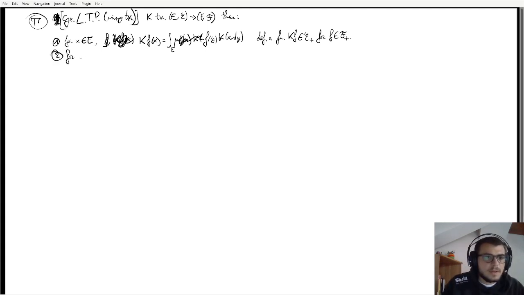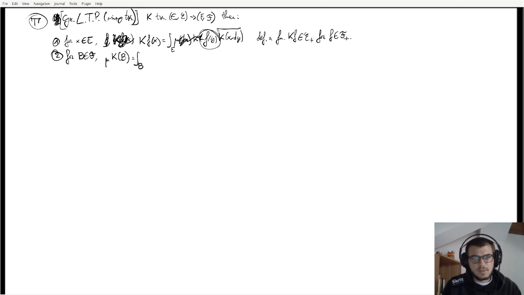So for any set B in the sigma algebra F, we have mu k of B, the integral over B here. So this is a function. Now, I don't understand why this is a function, because we already have a function here, and this is used as a measure.